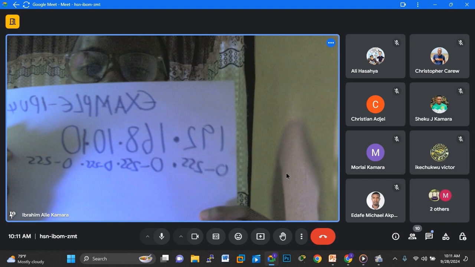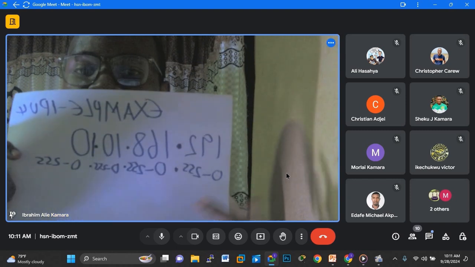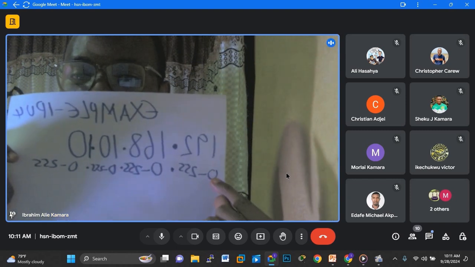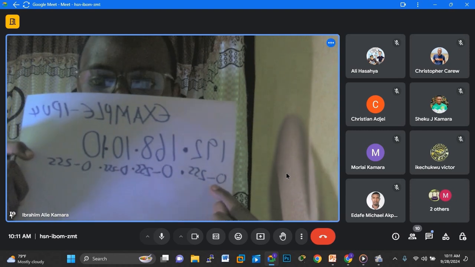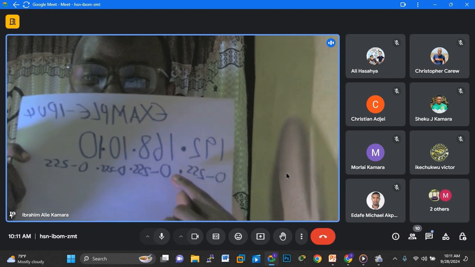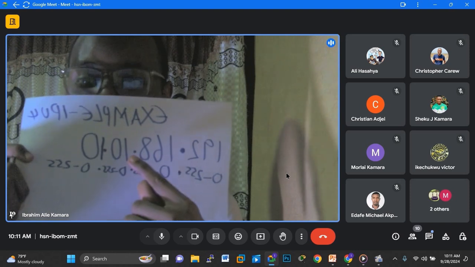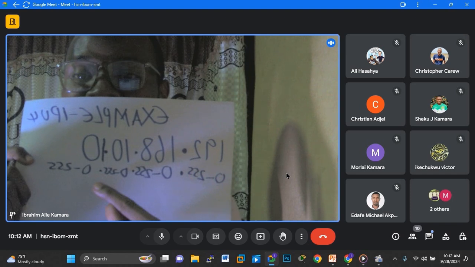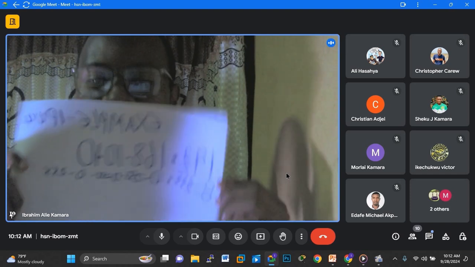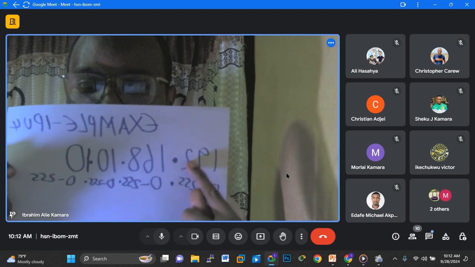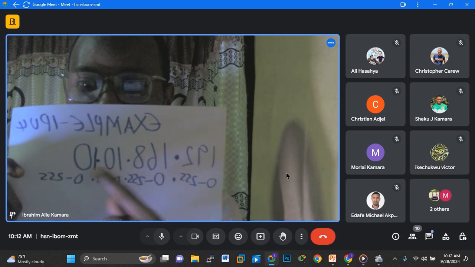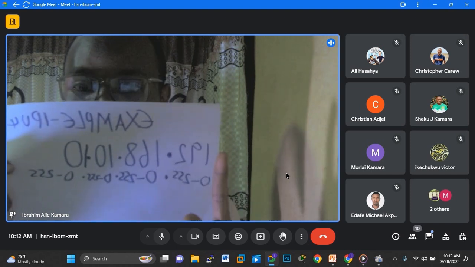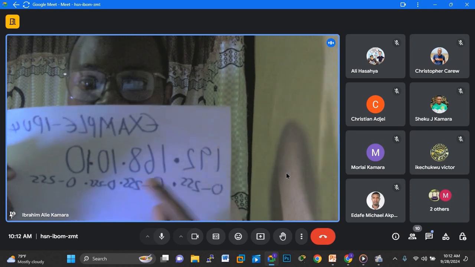As you can see, this 192 ranges from 0 to 255, 168 ranges from 0 to 255, 10 ranges from 0 to 255, and this other 10 ranges from 0 to 255. 4 digits, 1, 2, 3, 4, separated by 3 periods.